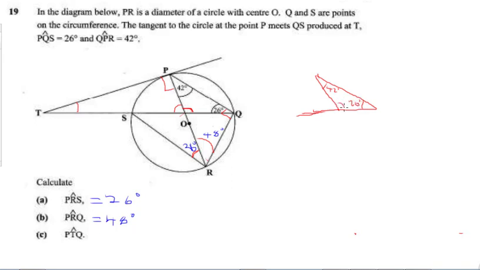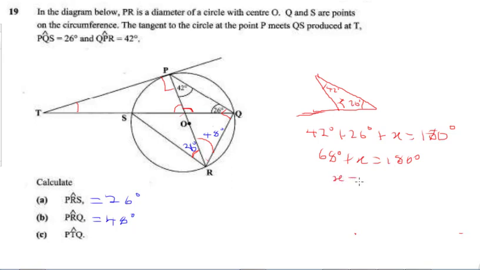So we can find the angle there because this is a triangle. So these angles should give us 180 degrees. So we're going to say 42 degrees plus 26 degrees plus, let's name this angle as angle X, plus X is equal to 180 degrees. So 42 plus 26 gives us 68 degrees plus X is equal to 180 degrees.